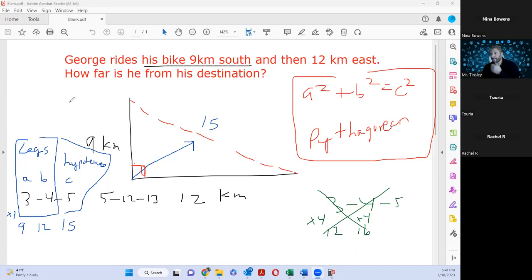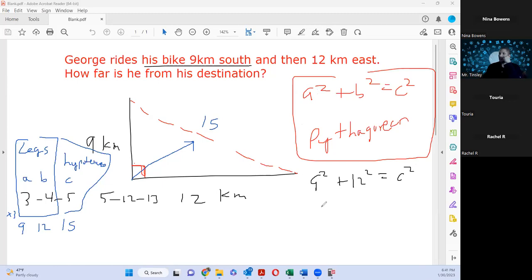Everybody understand that? Now let me show you how you would do this using the Pythagorean theorem. My a is 9, my b is 12. So 9 squared plus 12 squared equals c squared. 81 plus 144 equals c squared.